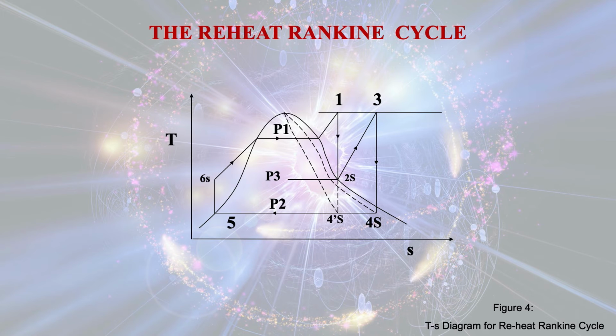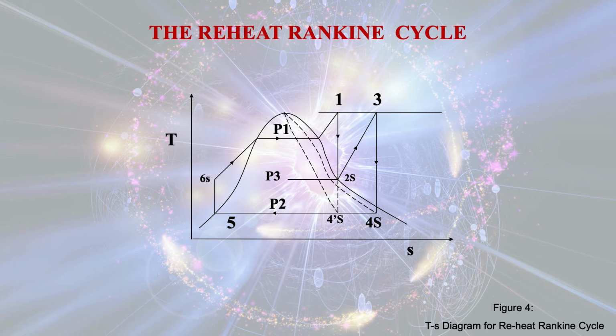reheat Rankine cycle. But here Q1 is the heat input at the first stage in the boiler, that is equal to H1 minus H6, and of course there is heat input when it is reheated from point 2S to point 3.